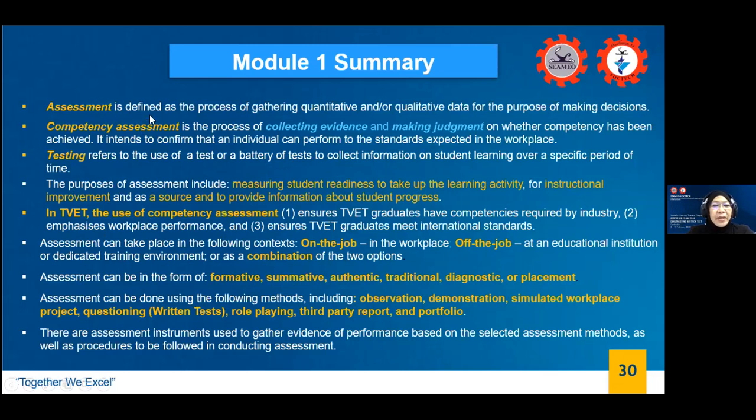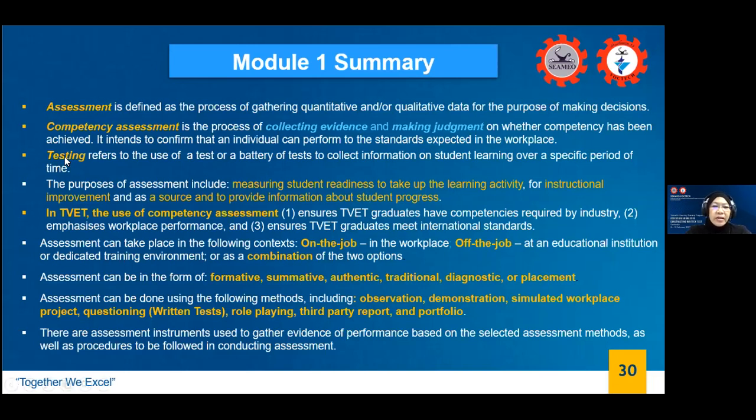Assessment is the process of gathering quantitative or qualitative data for the purpose of making decisions. Competency assessment is the process of collecting evidence so you can make a judgment whether competency has been achieved, whether our students are competent enough to perform based on the requirements of the industry, based on the expected standards.